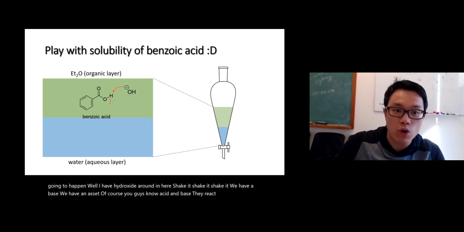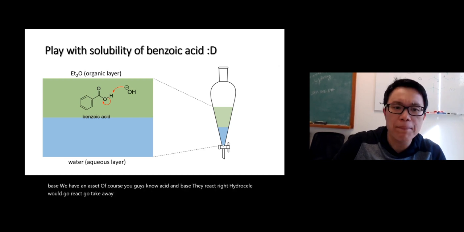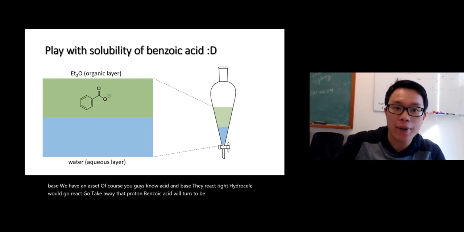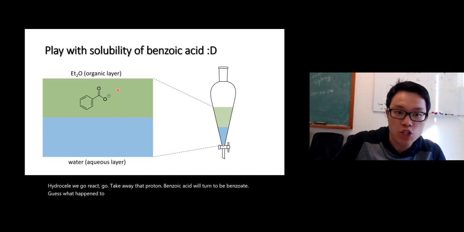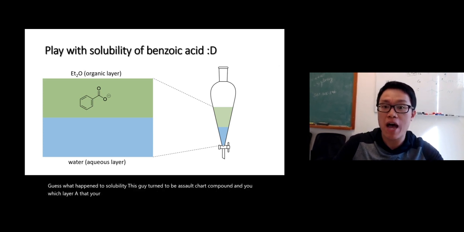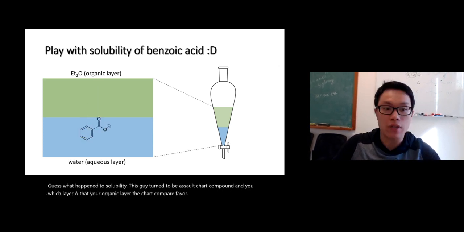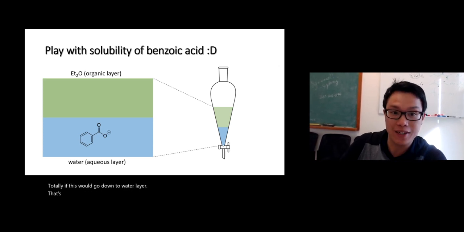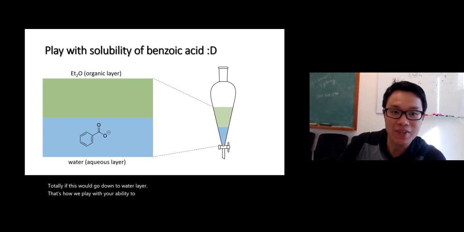Hydroxide will take away that proton. Benzoic acid will turn into benzoate. Guess what happened to solubility? This turned into a salt, a charged compound. And you know which layer, aqueous or organic, the charged compound favors. Totally. This will go down to the water layer. That's how we play with solubility. You see that? All right.